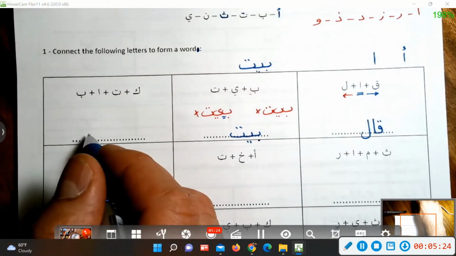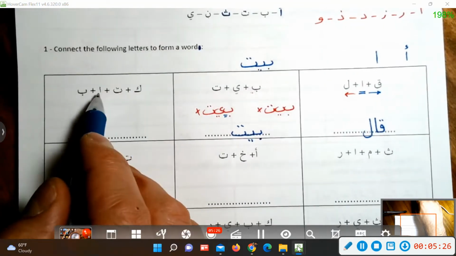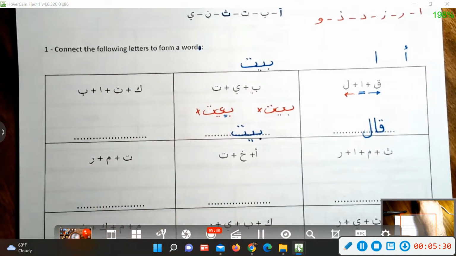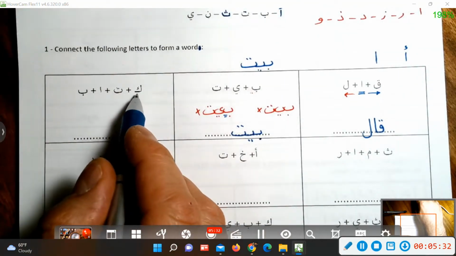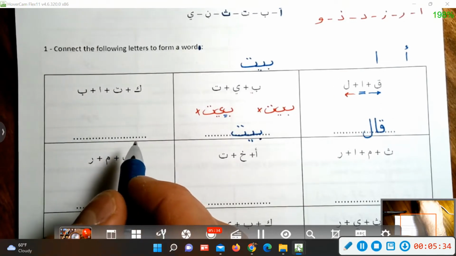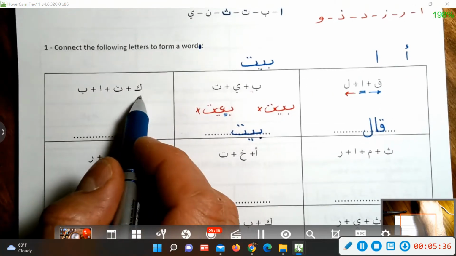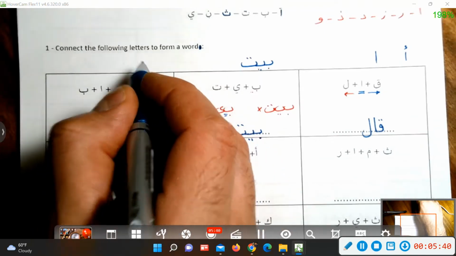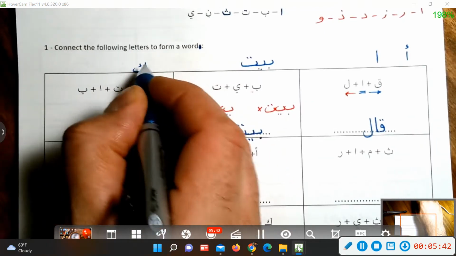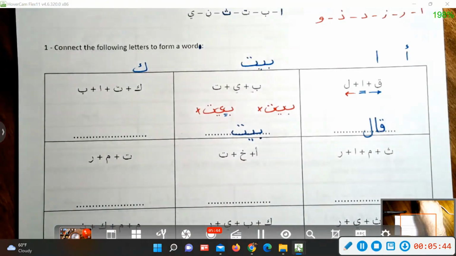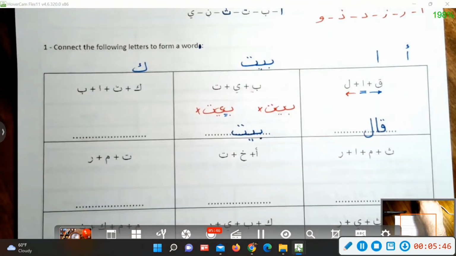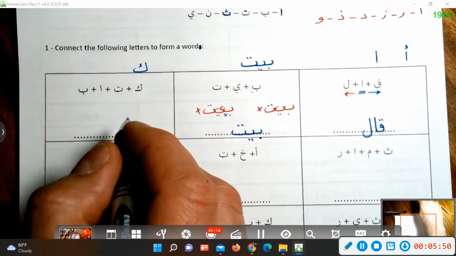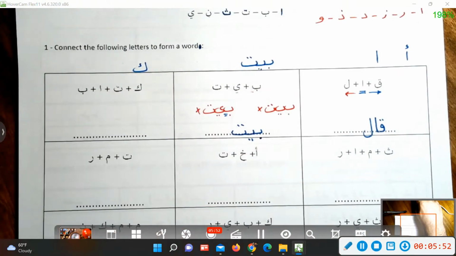Now the third word, kaf, ta, alif mad, ba. So this is kitab. Now we know that the kaf at the beginning of the word does not come like this. This is only when it's alone, it looks like this, or when it's at the end. But when you connect the kaf at the beginning or in the middle of the word, we don't write the hamza.